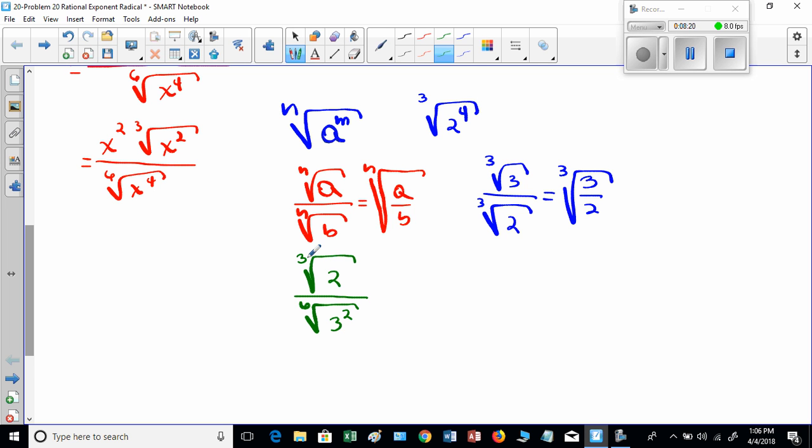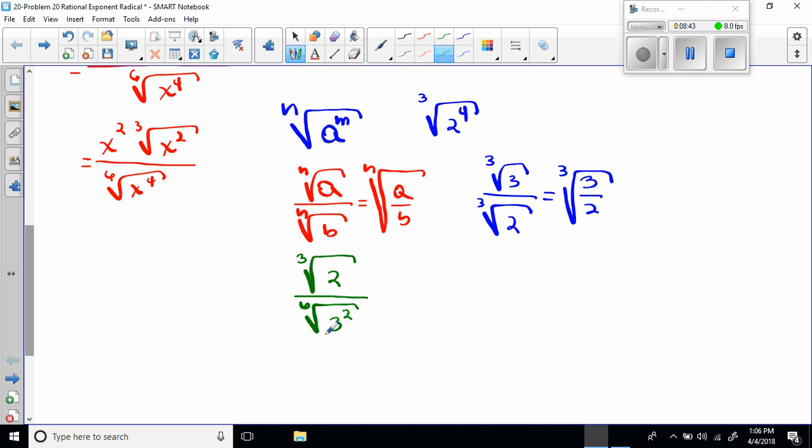Now, if you notice, both have different indices, but you look at this one, this index cannot be simplified with the power. Keep in mind that powers and radicals are inverse operations to each other, so they can simplify. So the index here is 3, the power inside the radical for the number 2 is 1, so they cannot be simplified.